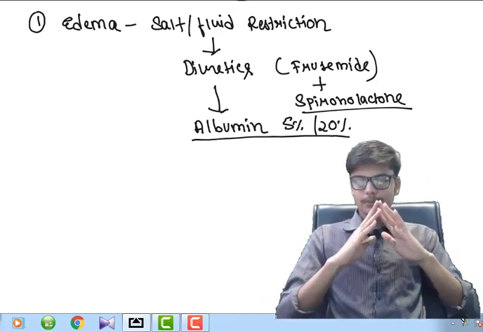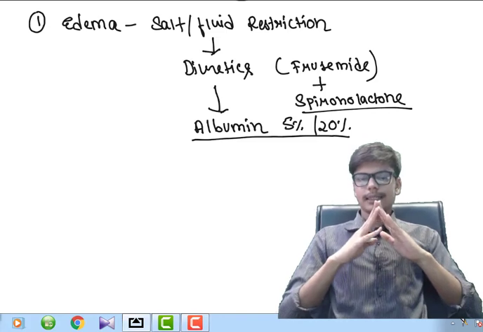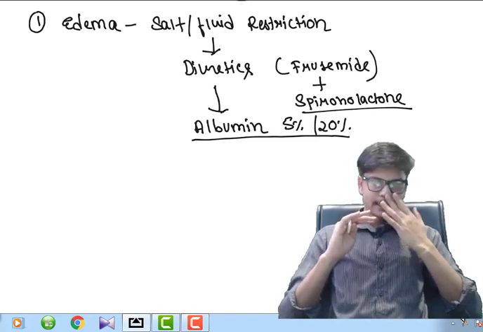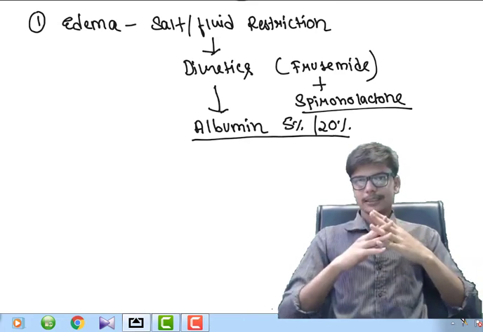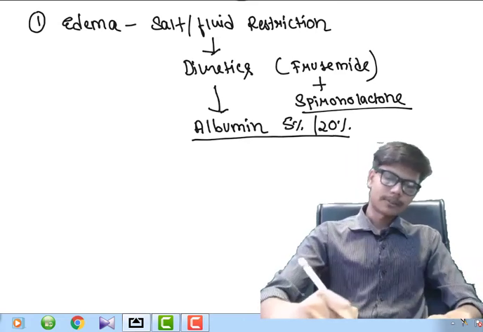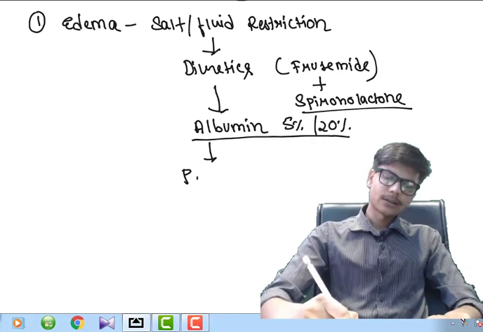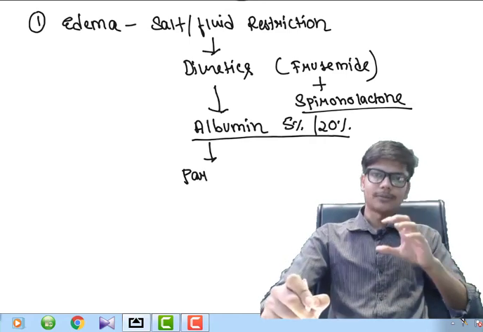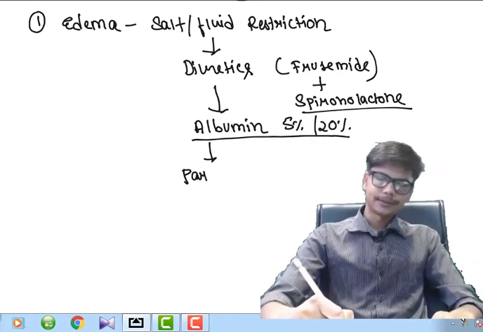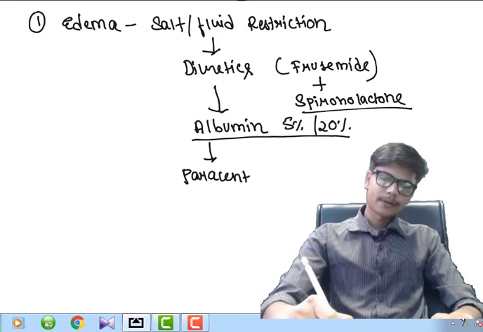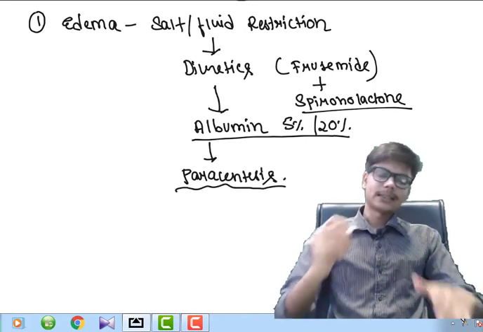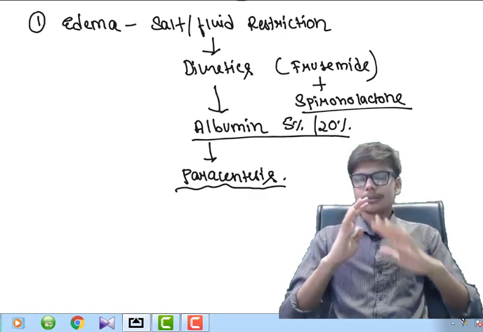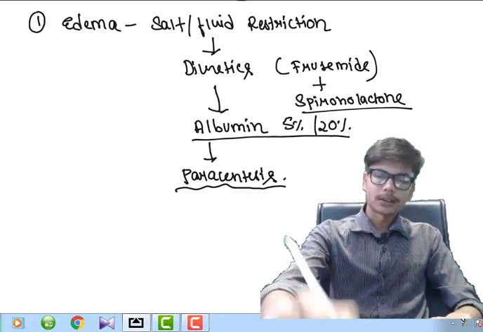If the albumin is also not responding in treatment of edema, and if there is symptomatic ascites leading to respiratory distress, then we have to go for paracentesis and manually remove the fluid from the body cavity. So in this way we can manage the complication, that is edema associated with nephrotic syndrome.